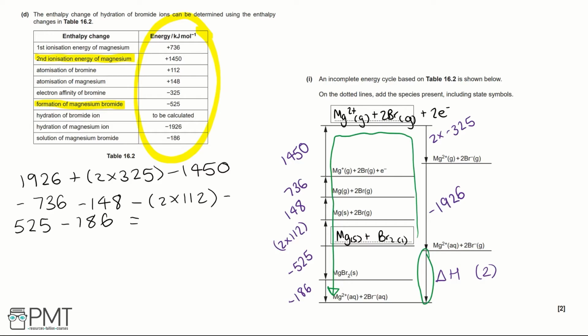So this equals minus 693 kilojoules per mole.